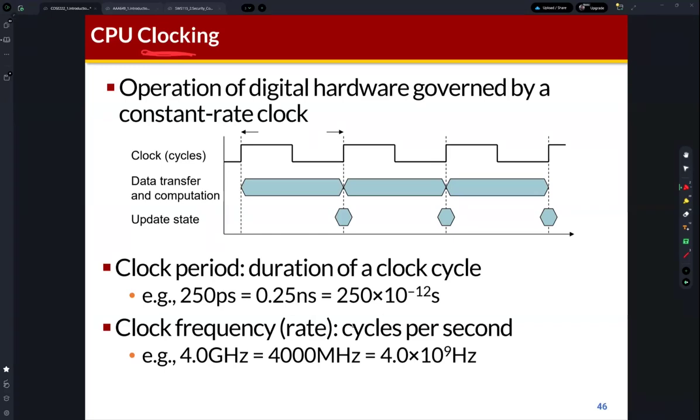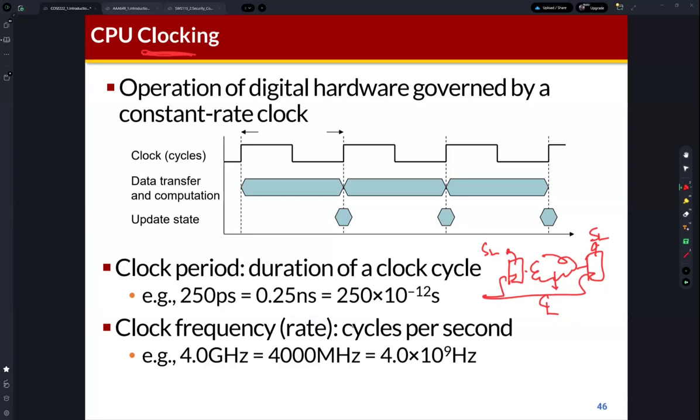Why? It is because the digital system is composed of synchronous logic and combinational logic. This is the combinational logic, and this is the synchronous logic. Okay, and then actually the synchronous logic is working based on the clock edges.